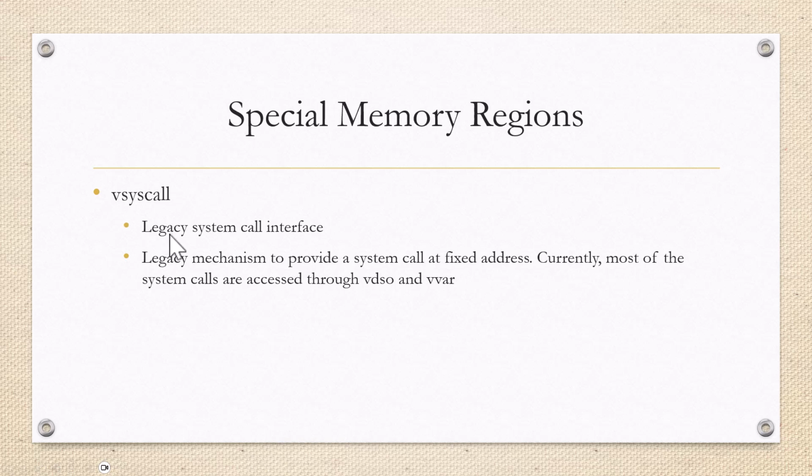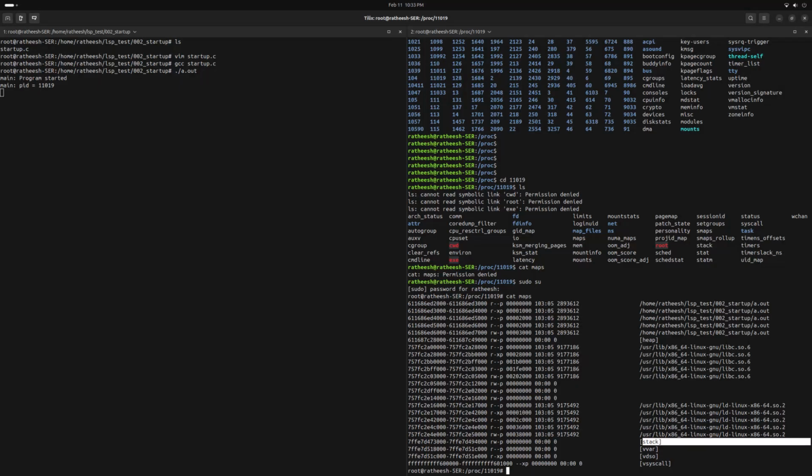This is actually the legacy system call interface. In the latest Linux systems, this section is not really used. It is there to maintain backward compatibility. So currently most of the system calls are accessed through VDSO and vvar.